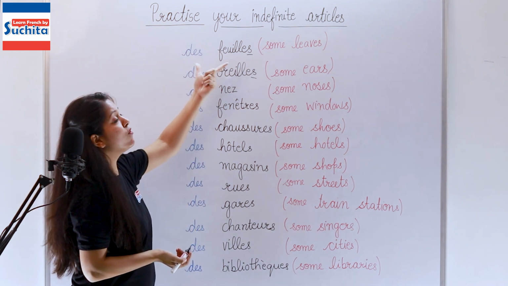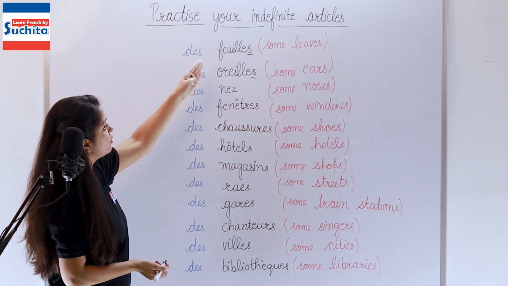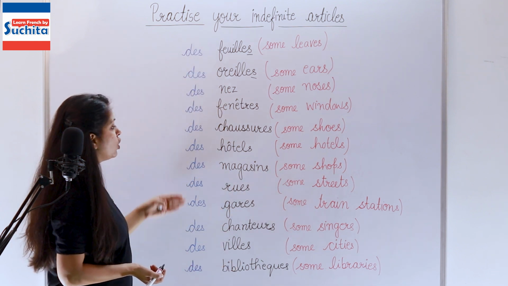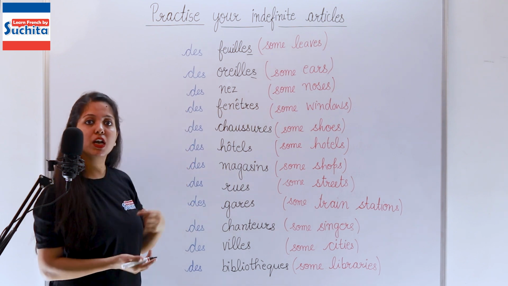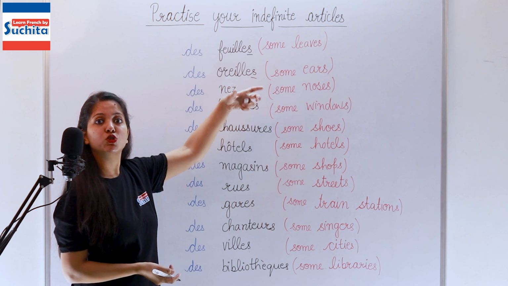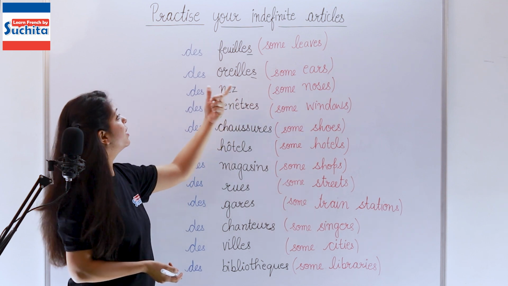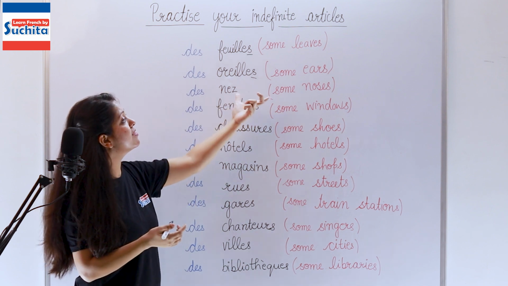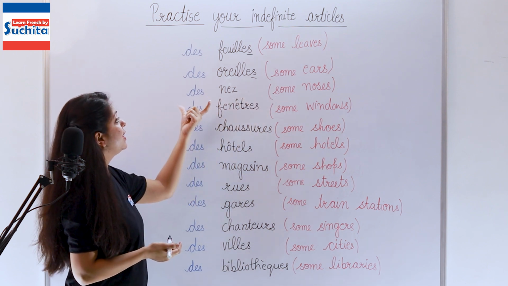So now, des feuilles. If you see, irrespective of the gender of these nouns, I've written des in all of them because all of them are plural. Des feuilles, which means some leaves. Des oreilles, which means some ears. Des nez.